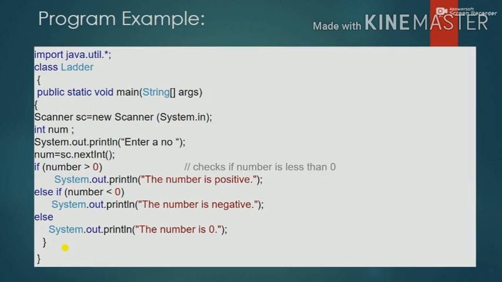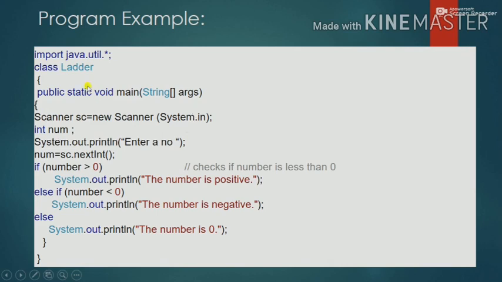By doing a program example, we are checking whether the number is a positive number, a negative number, or the number is 0. So here multiple statements will be executed. See in this class by the name of class ladder we have taken public static void main.